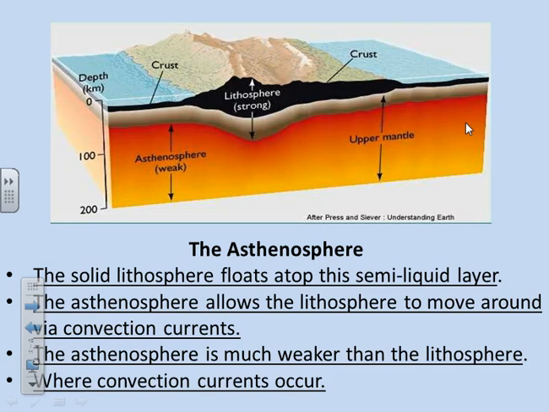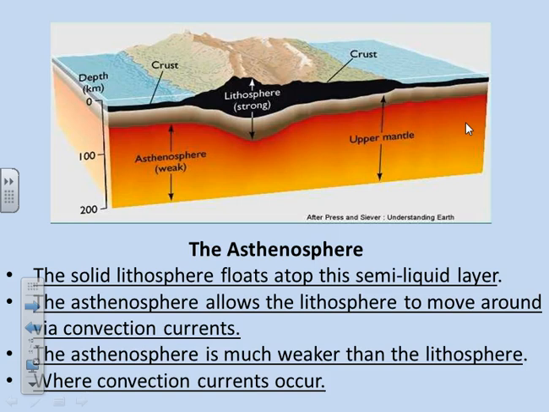So the asthenosphere is a semi-liquid layer. It's not a solid like the lithosphere. And because it's a semi-liquid layer, the lithosphere kind of floats on top of it. The asthenosphere allows the lithosphere to move around via convection currents.